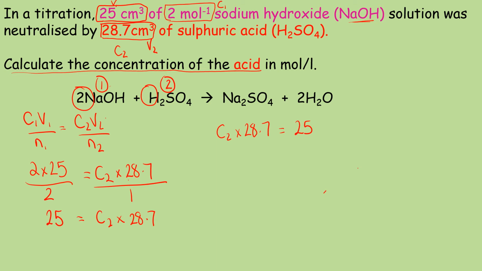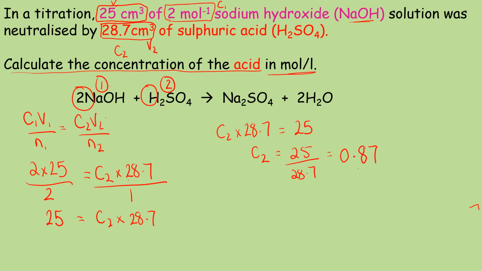I'm then going to divide by the number next to the letter. It's a nice easy way to remember it. Dividing by the number next to the letter means it's 25 divided by 28.7. None of you is going to be doing that sum in your head, I don't think. So we grab our calculator and type in 25 divided by 28.7, and it gives you a big long number, and we're just going to round it off to 0.87.